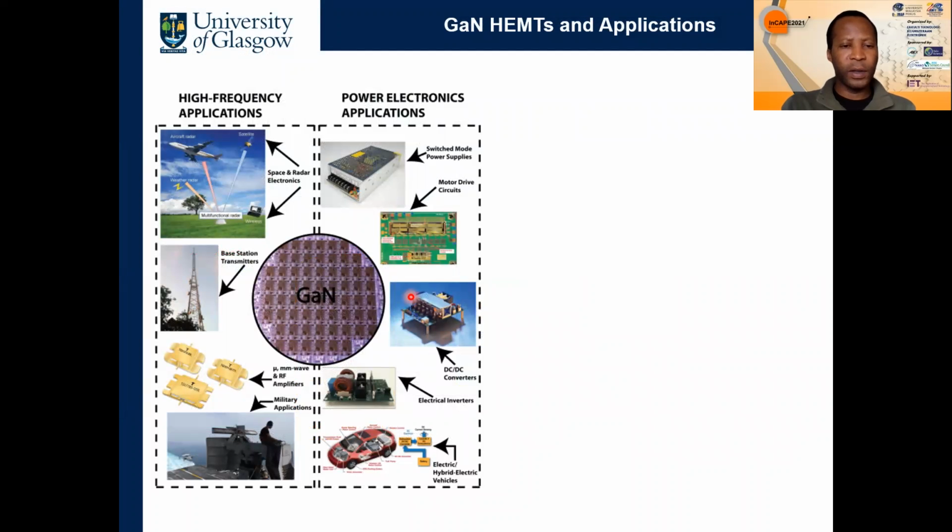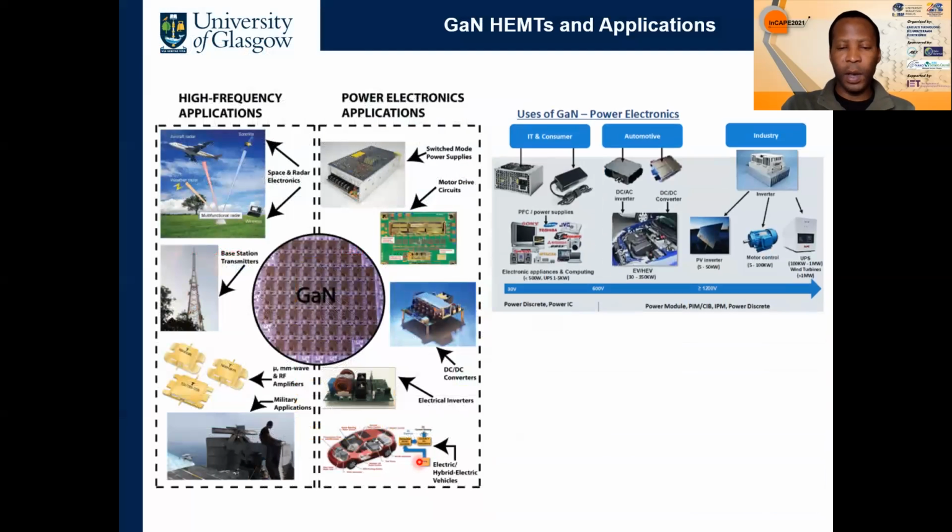These desirable qualities of GaN also allow GaN to be used in high frequency applications such as the fabrication of microwave, millimeter wave, and RF amplifiers for space and radar electronics applications, and also for power electronics applications such as switch mode power supplies, DC converters, and electric vehicles.